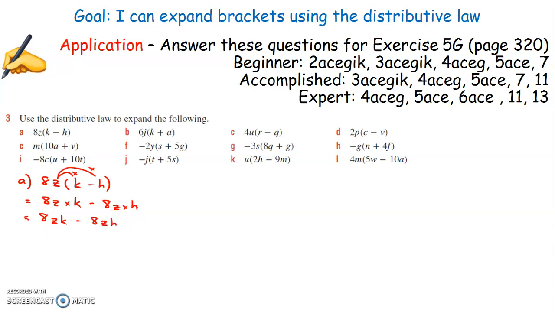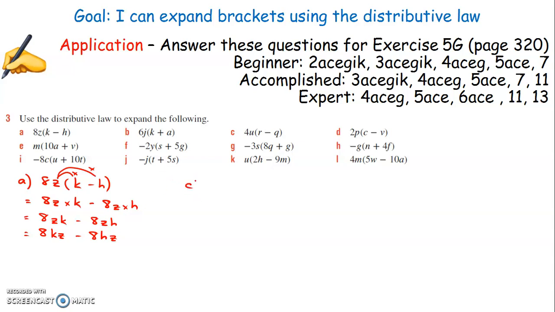Now you can also order the letters around so that it's in alphabetical order. So 8kz for the first one minus 8hz. However, it's really not an important step here because they are basically the same thing. Remember, the order of the letters does not matter.